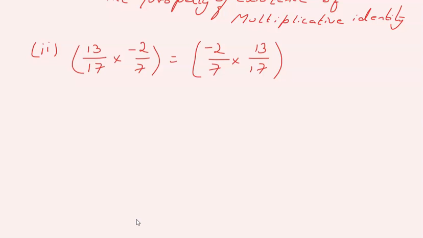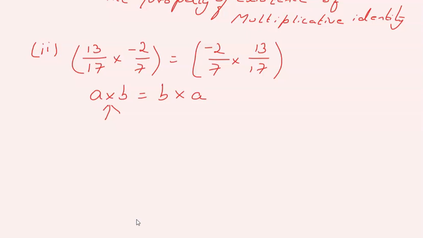Generally we can say it is nothing but a into b is equal to b into a, and the operation used here is multiplication. So what is this property we have studied in earlier classes? It is nothing but the commutative property of multiplication.